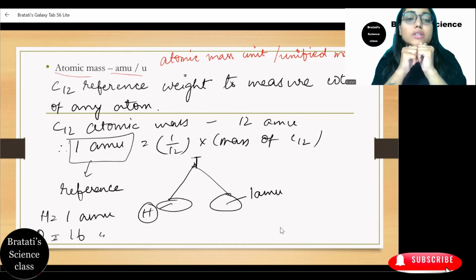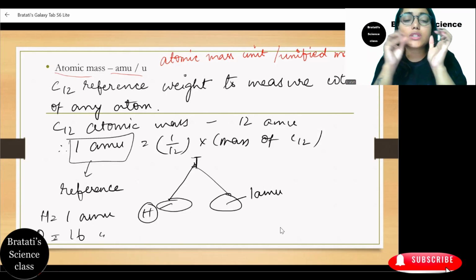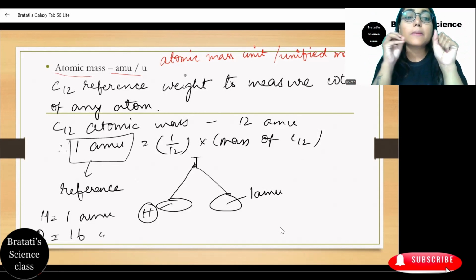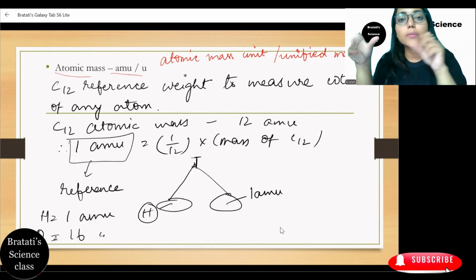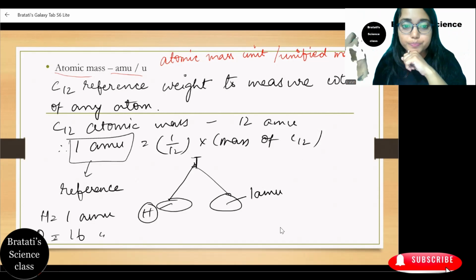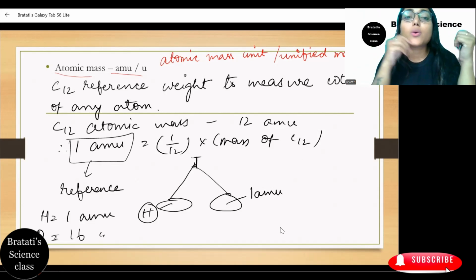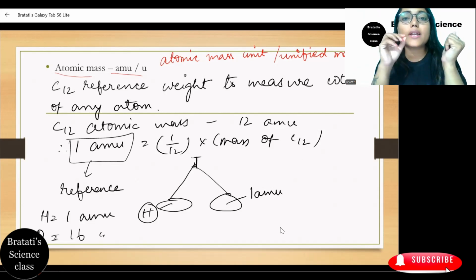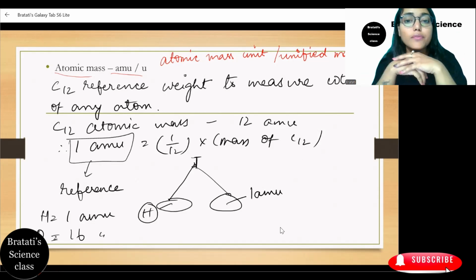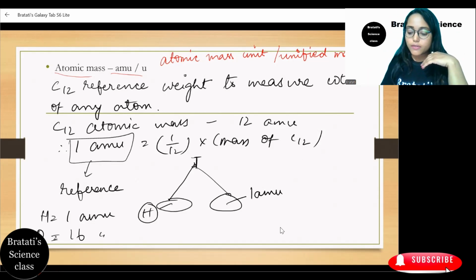Okay, so the C12 was the relative weight that everybody accepted, fine. Then what is the mass of the C12 atom itself? The C12 atom mass will be 12 AMU, atomic mass unit, or 12 U. Then what will be the mass for 1 AMU? For 1 AMU, that is the reference material, that will be 1/12 of it.